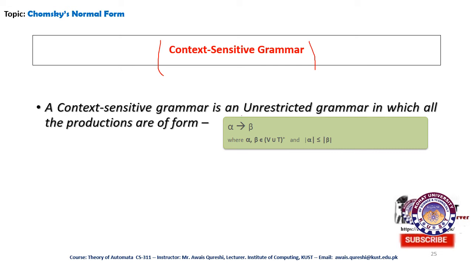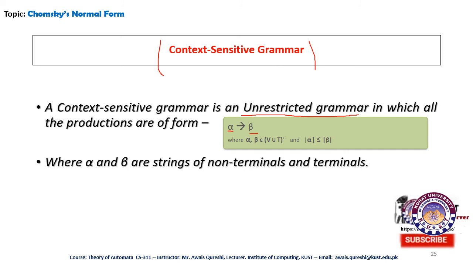That's why we call it unrestricted grammar, in which all the production rules are of the form alpha implies beta, where alpha and beta belong to the Kleene closure, and the absolute value of alpha is less than or equal to the absolute value of beta, where alpha and beta are strings of non-terminals and terminals.